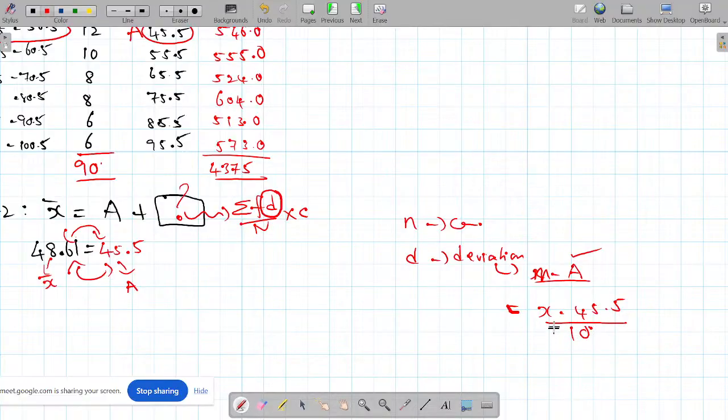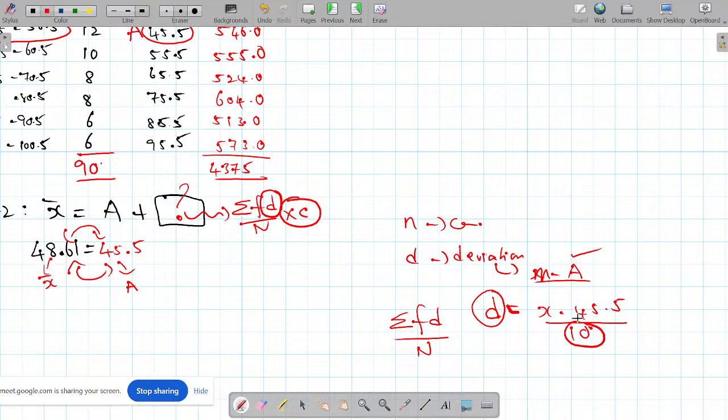Please remember, after taking all the deviations, the arithmetic mean is the best measure. So with the help of all the deviations, I apply the formula summation FD by N. And you find that C is multiplied, because here I am dividing the deviation by 10, so I have to multiply by 10.